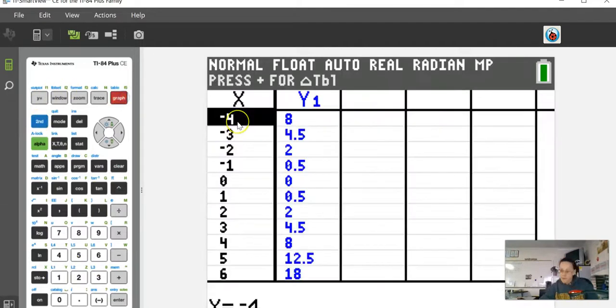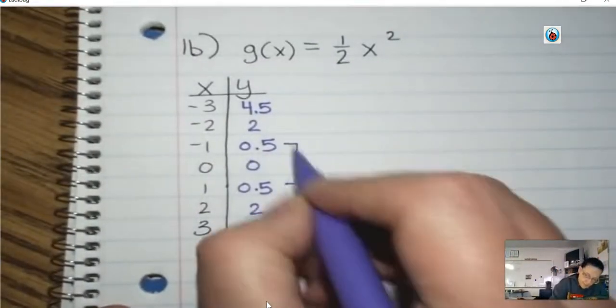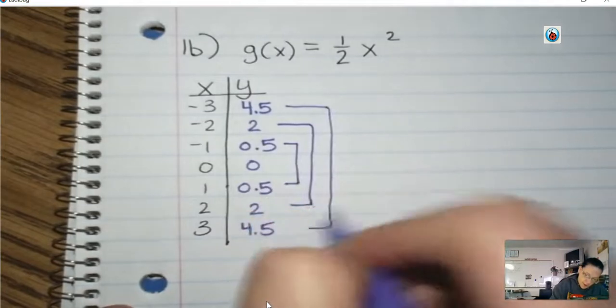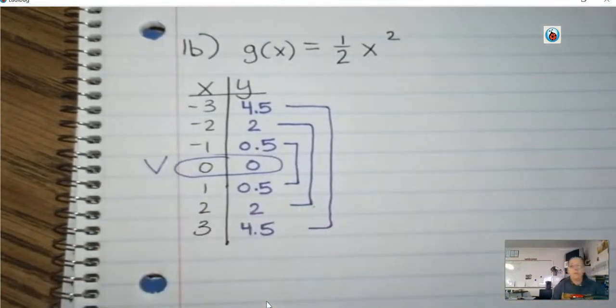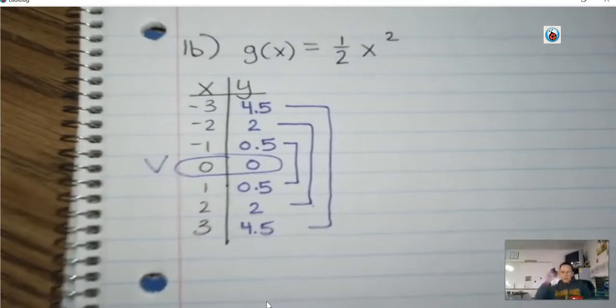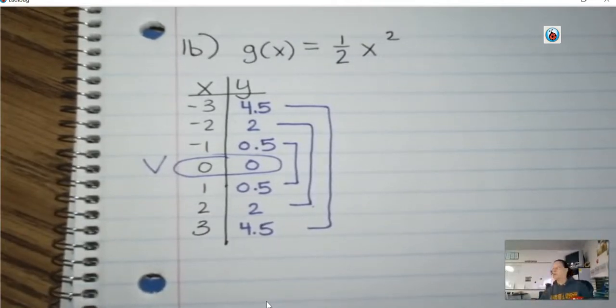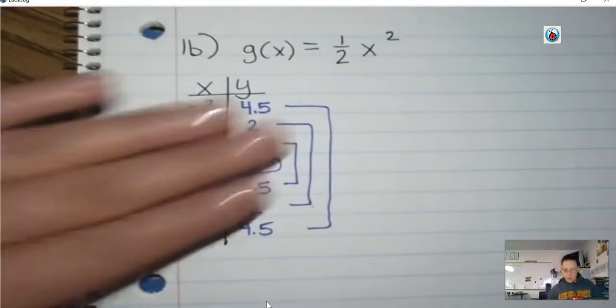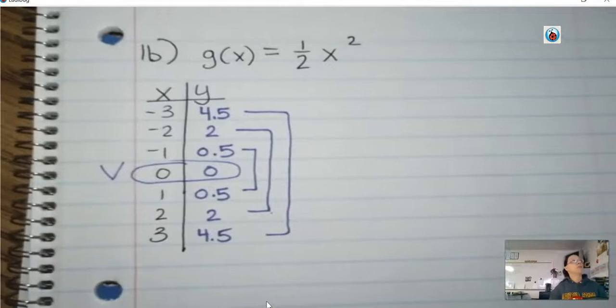If I go into my table of values and start writing those down, you'll probably notice where they repeat. Those repeating y values, the one that doesn't repeat, that's your vertex. A lot of these right now are all going to be 0, 0 as your vertex today as we're starting to practice this. But going forward, the vertex is definitely going to change.